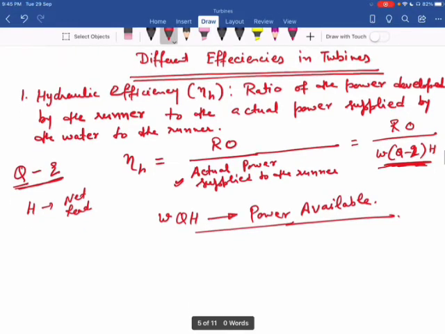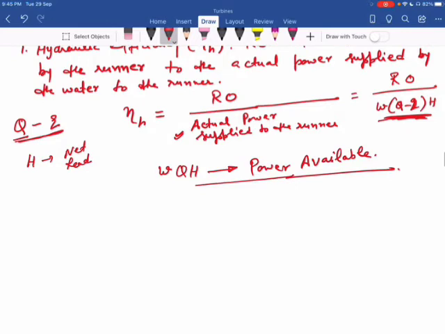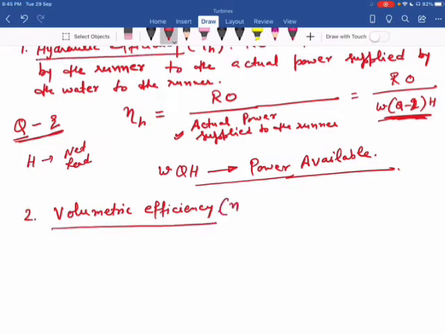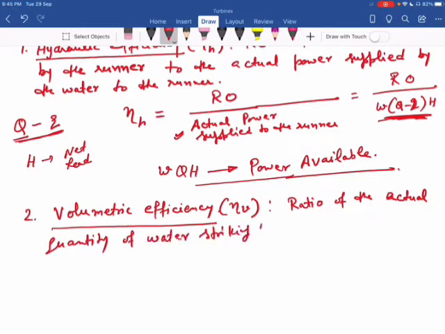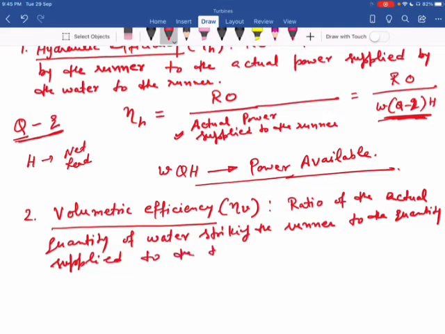Now, to account for the volumetric losses, we have another efficiency that we call volumetric efficiency, eta V. It is the ratio of the actual quantity of water striking the runner to the quantity supplied to the turbine.